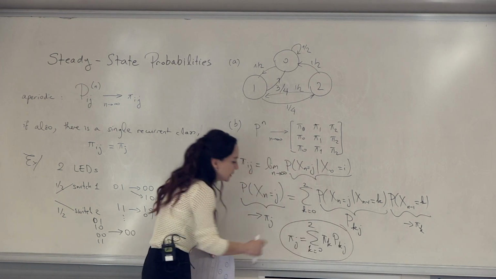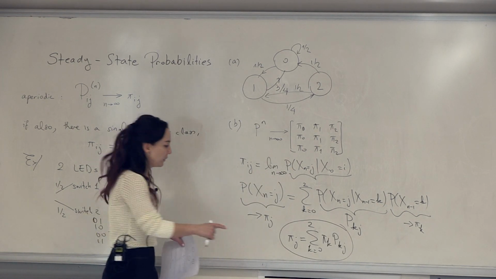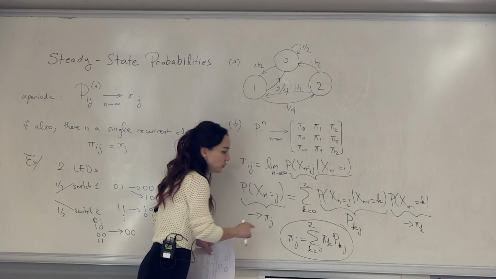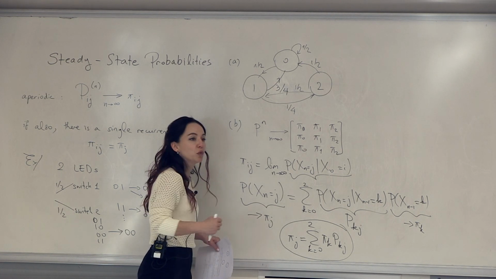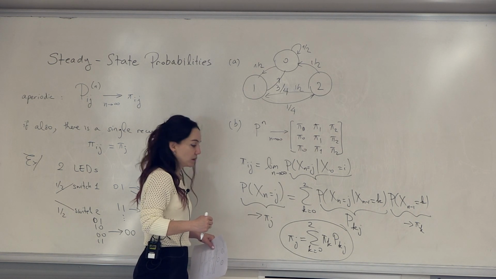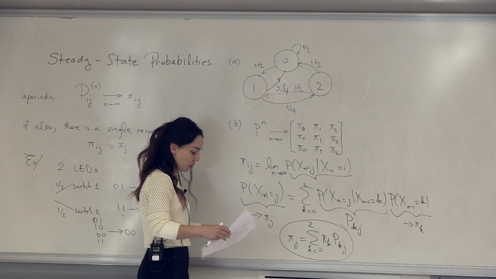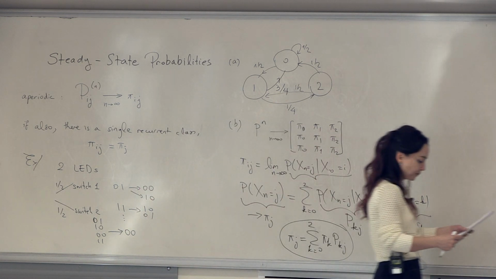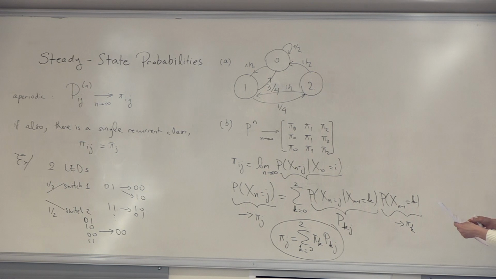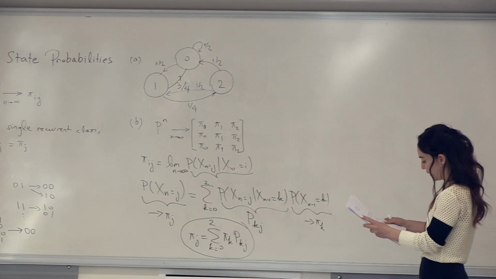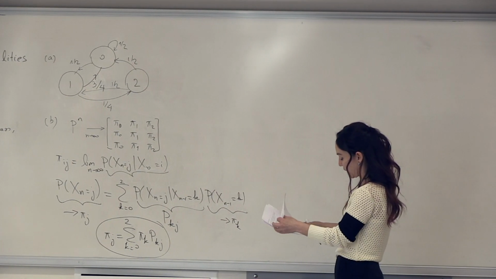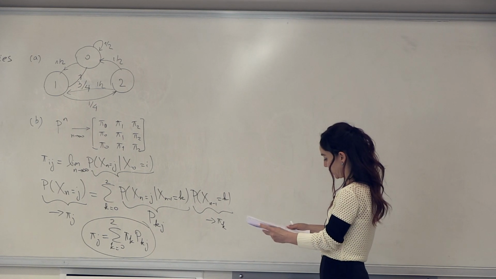By writing this equation for every value of j, 0, 1, 2, I get 3 equations in 3 unknowns. Let's write those 3 equations and see what we get.